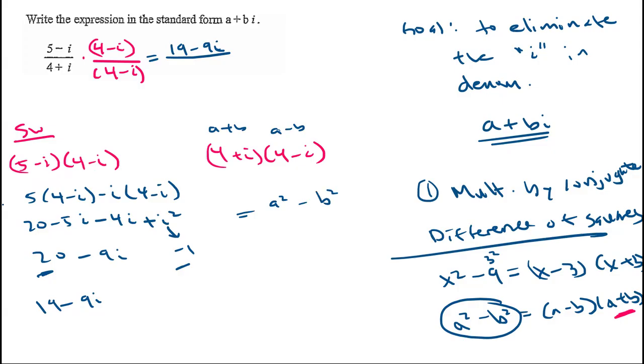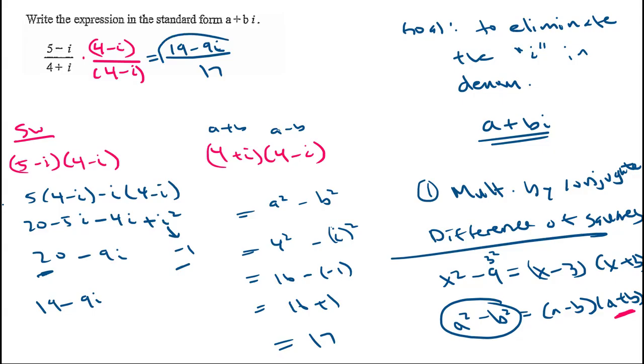What's my a? 4, so that would be 4 squared. What's my b? Well, that's just I, so that would be I squared. So that's going to give us 16 minus what? I squared is negative 1. So that's going to give us 16 plus 1, which is 17. Okay? So now we worked out the bottom and we just say that's 17.